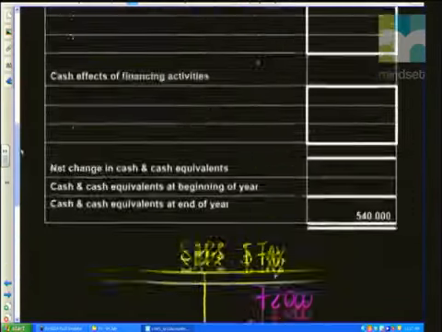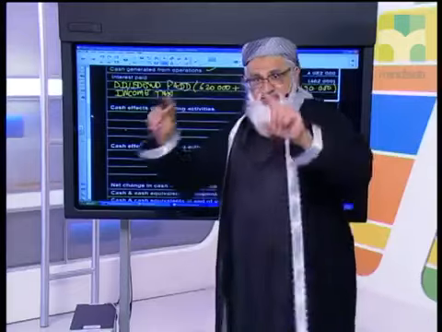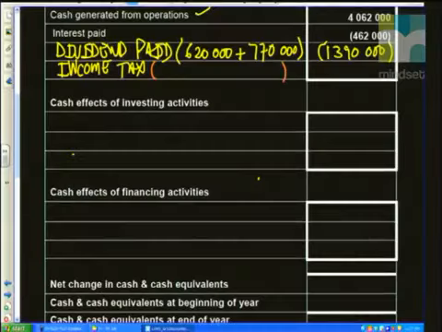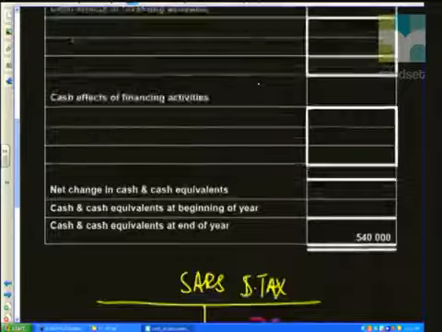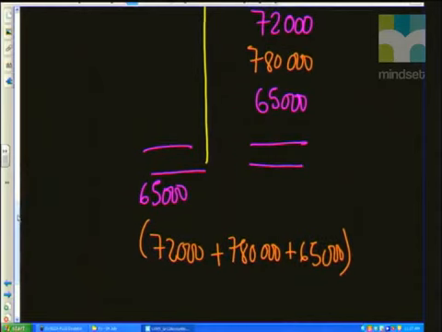I've just done it there because obviously it's going to be difficult to fit it in that space, but that's where you will show your calculation. Whatever I've got at the bottom is what you're going to put alongside the income tax. And the reason for me adding it, you can clearly see, is because all of it appears on one side of the account, meaning I'm adding these components together.